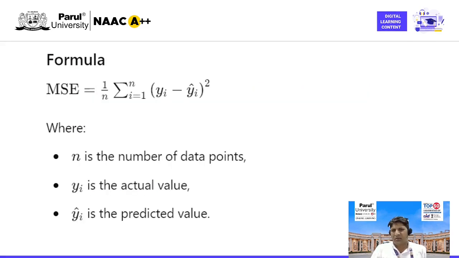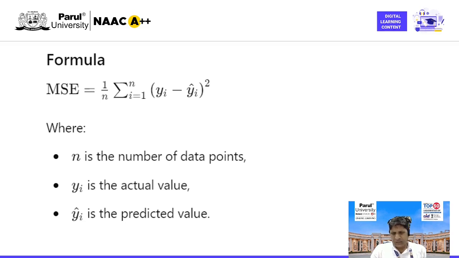Now the formula is very simple, with only a minor difference from MAE. MAE means mean absolute error, and here it is the mean squared error. The formula is 1 by n times the summation from i equals 1 to n of (yi minus yi dash) squared. Here n is the number of data points, yi is the actual value, and yi dash is the predicted value.